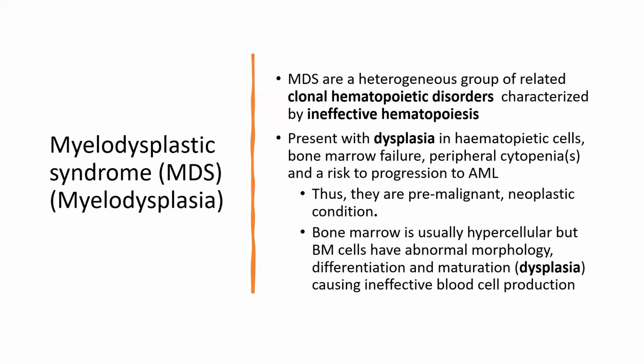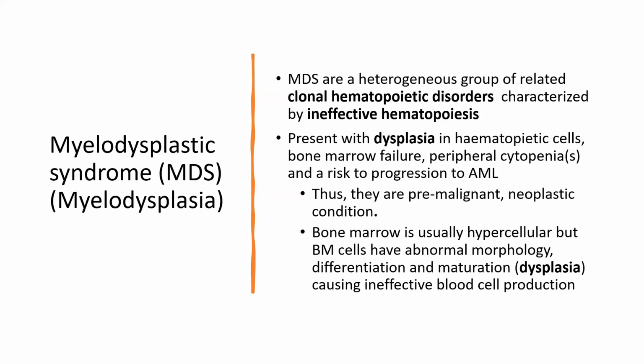This mutation confers some characteristics to this cell. This cell that is mutated is unable to function normally, all right? And therefore, when we say ineffective hematopoiesis, we mean that although the cells are being produced, they are not normally functioning blood cells. And that's what we mean by ineffective hematopoiesis.